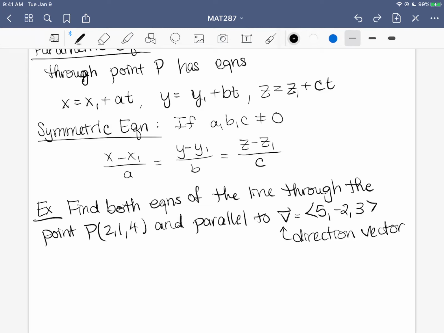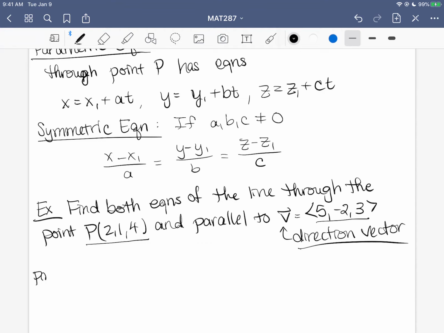Think about when we do the equation of a line in 2 space, what we need is a point and a slope, right? So V is like our analog to the slope in 2 space. All right, and we just plug into the formula. So here is my x1, y1, z1, and here are my a, b, c.